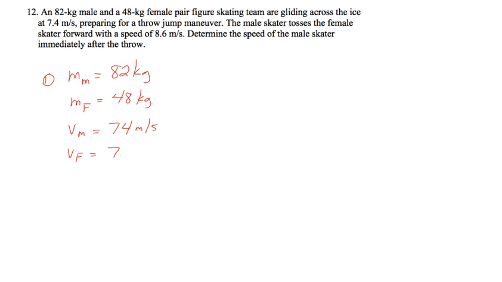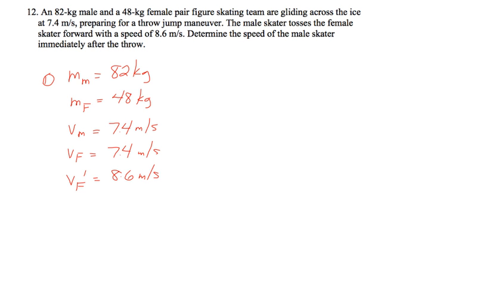What I wrote there as VM and VF, I could have just written a common V, because they have the same thing. And then it says the male skater tosses the female forward with a speed of 8.6. So the velocity of the female after being thrown is going up to 8.6 meters per second.